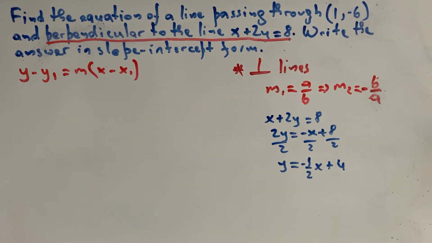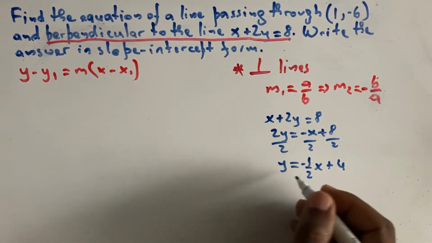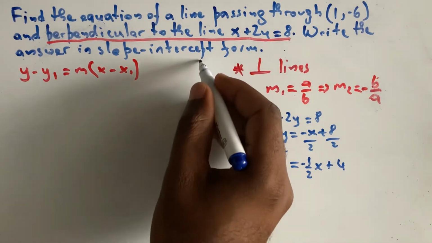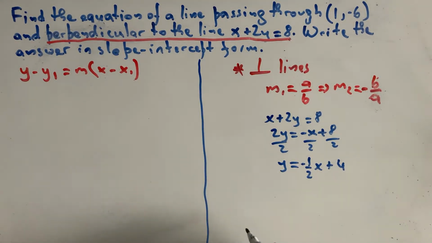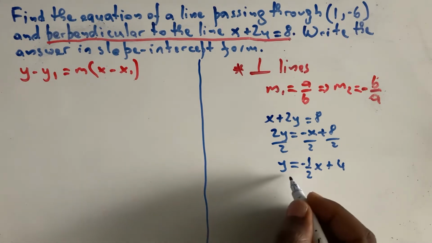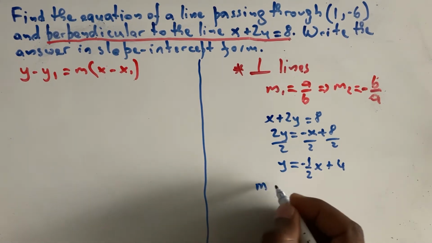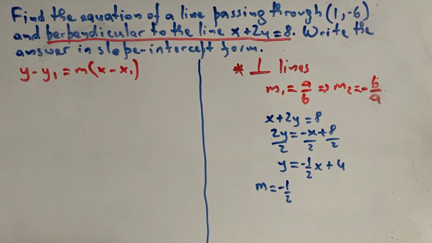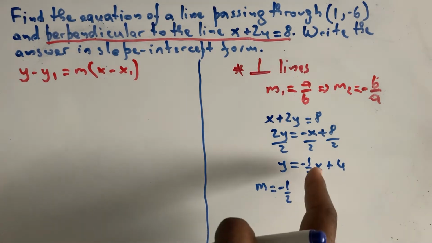So what's the slope in this case? Well, the slope here, m1, or however you want to call it, m is equal to negative 1 over 2. Now this is the slope of this line.